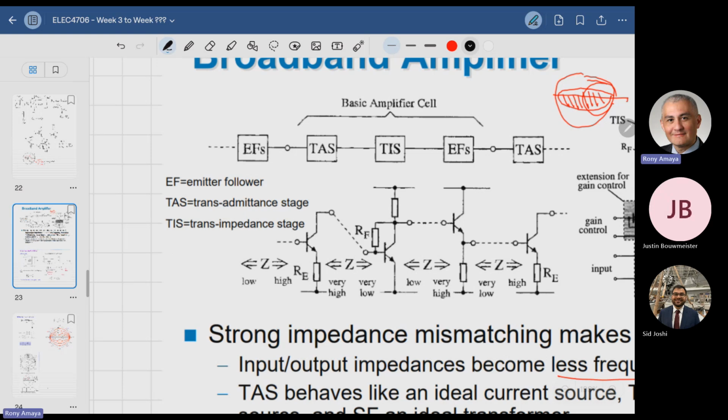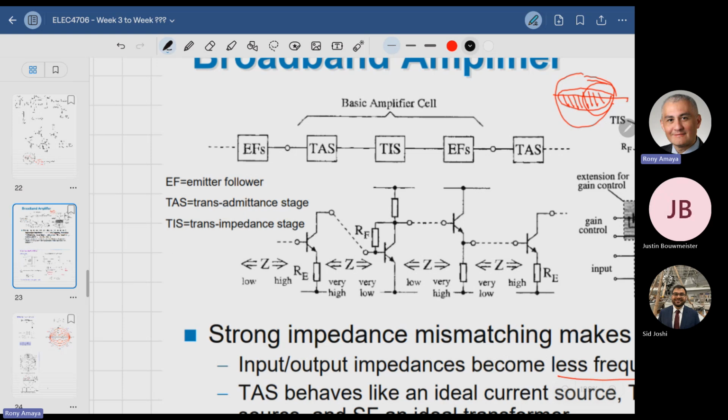So an emitter follower, which is effectively, oh yeah, right here. So you have an emitter follower followed by a transadmittance, which is this one here, followed by a transimpedance. Right? And then you do another emitter follower, a transadmittance, and a transimpedance. Okay. But the problem with each one of the cells, so what is an emitter follower?